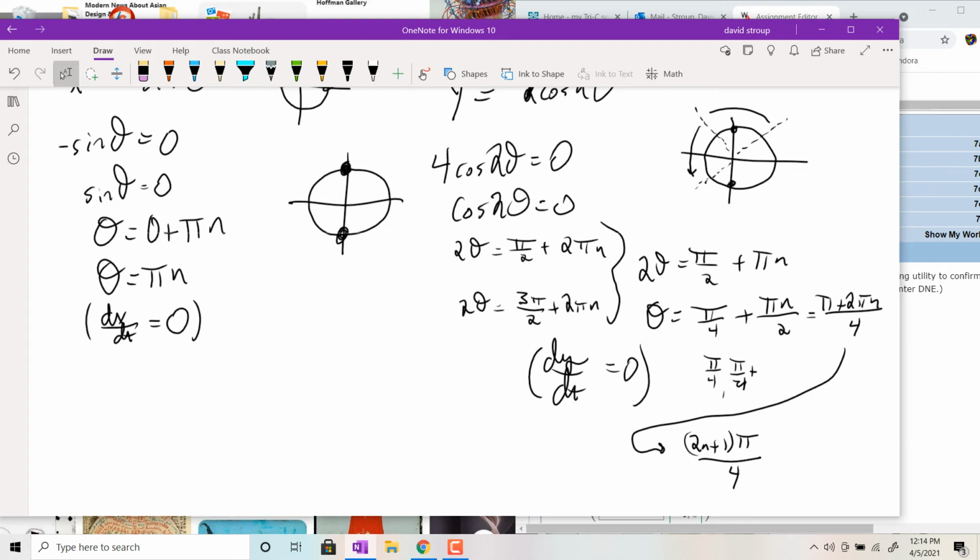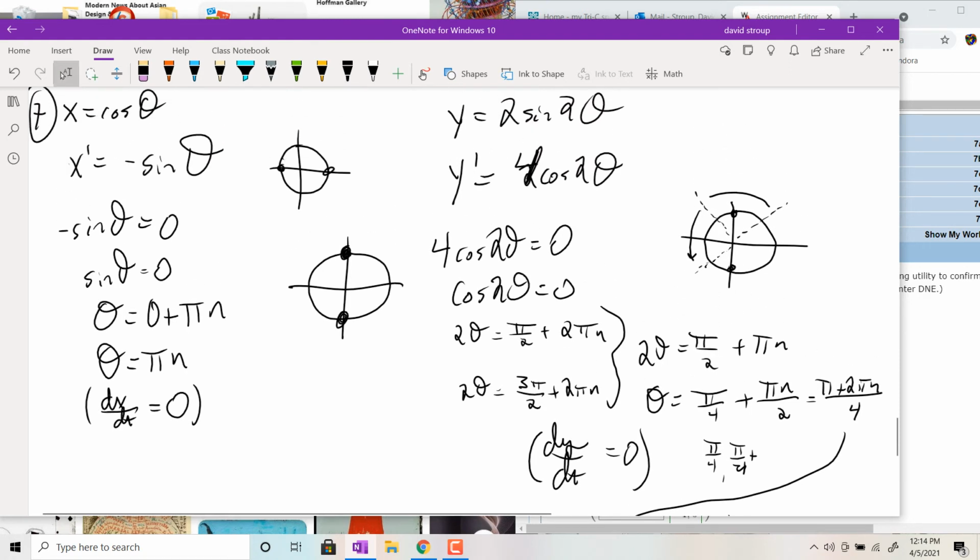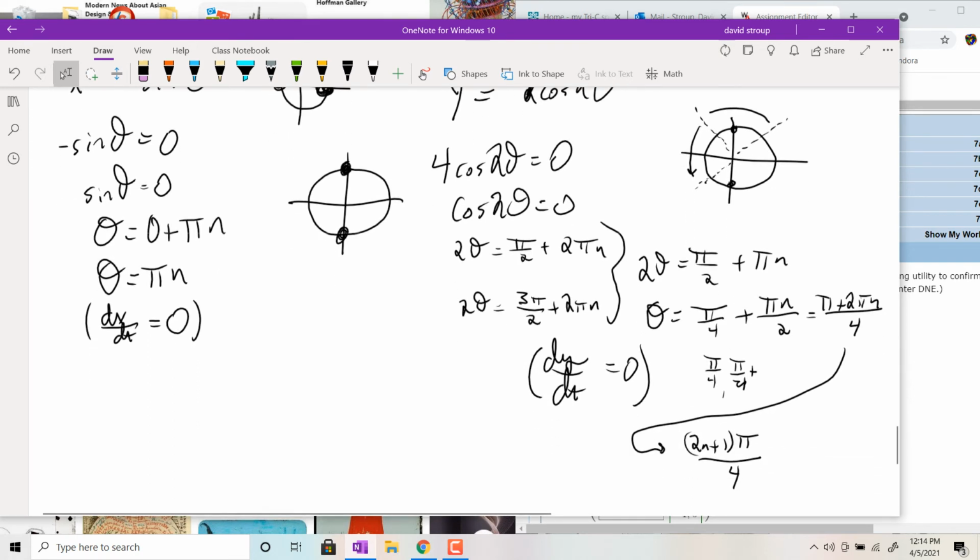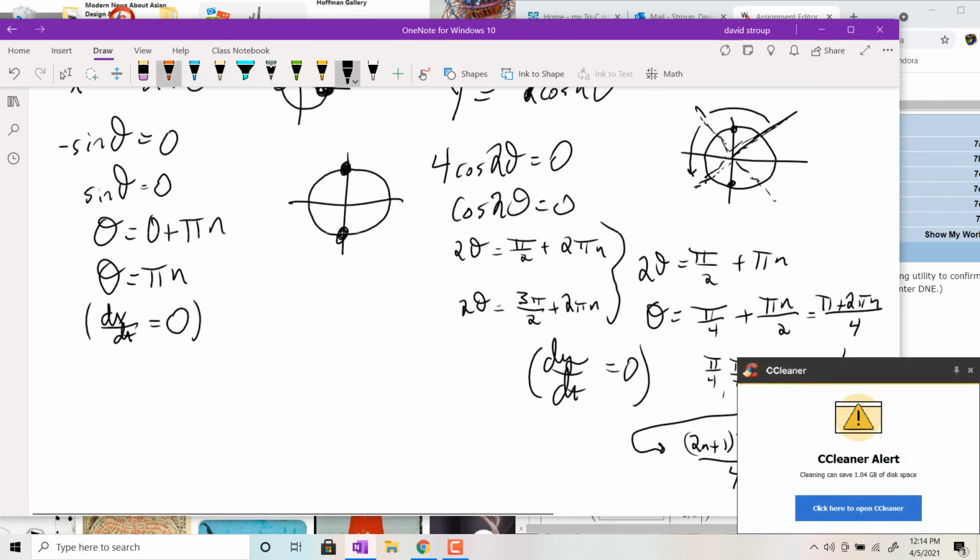I was sort of looking at the wrong picture. The only places it'll matter is at 0 and pi. And this definitely never hits 0 or pi. It's only on these 4 dashed lines here. And this one. Okay. That's the only places it'll hit. I'm trying to put it into a different color.